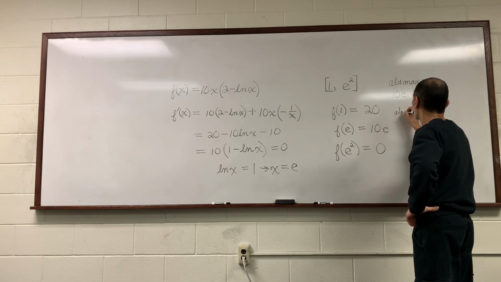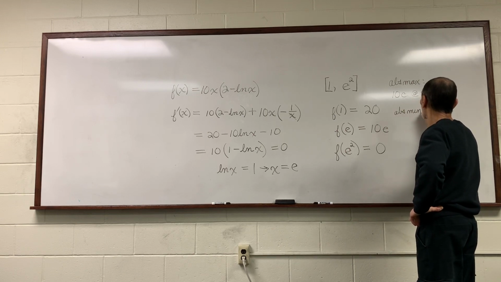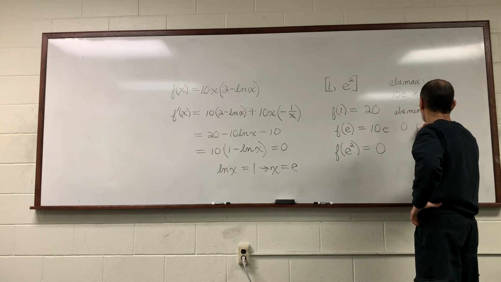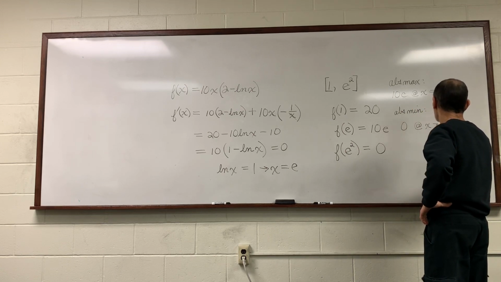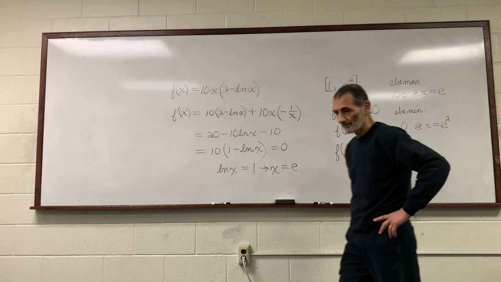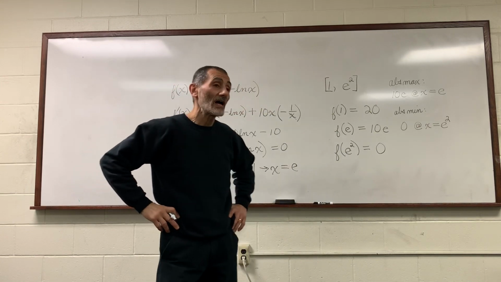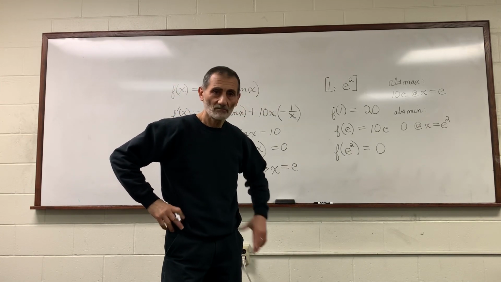Our absolute min is 0 at x equals e squared. And that's the way we do absolute extreme values on closed intervals. That's it.